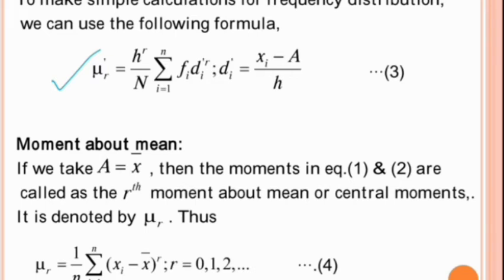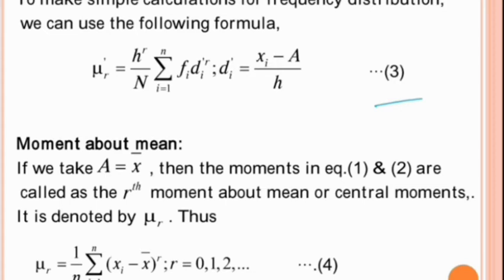Now what is di dash? We have learned this in mean, di dash is (xi minus A) upon h, where this A is the assumed mean, right? We name this as equation 3. Obviously you will not get much more idea just now. When we move towards the examples, you will learn how to use these formulas.